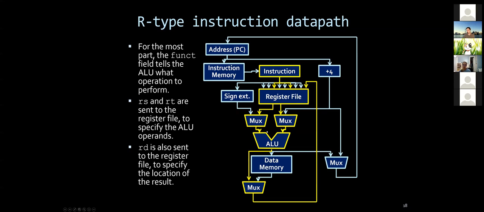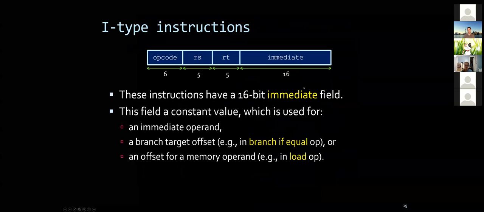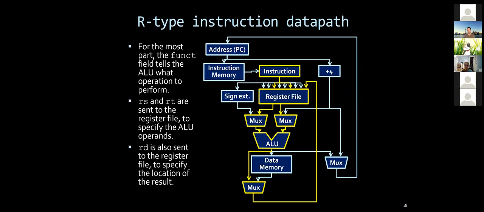Remember, we learned about the ALU, so we know which instructions it can perform. Then we had a register RD that is sent back to the register file to specify the location of the results. So here we take this path. We don't go to memory, we go to the mux again, and then it goes back to the register file. Essentially, muxes and demuxes really help us read the relevant data from the register file.